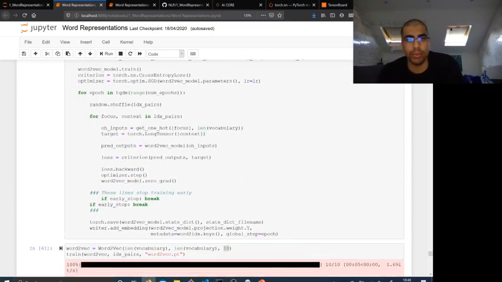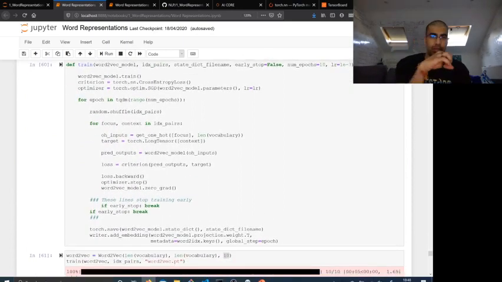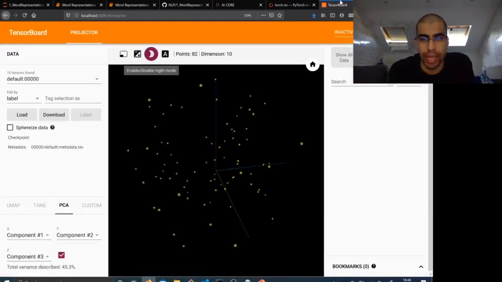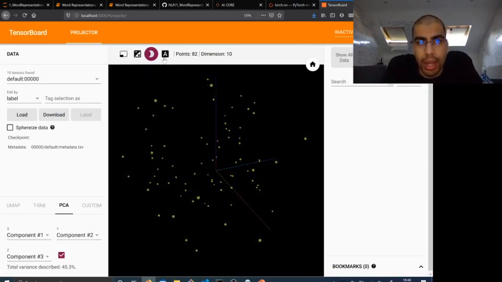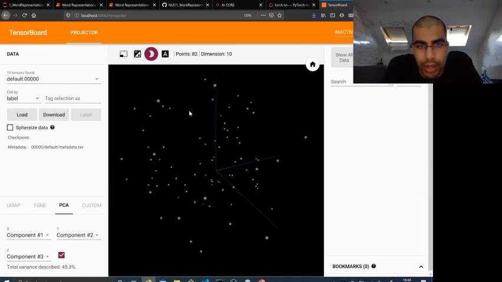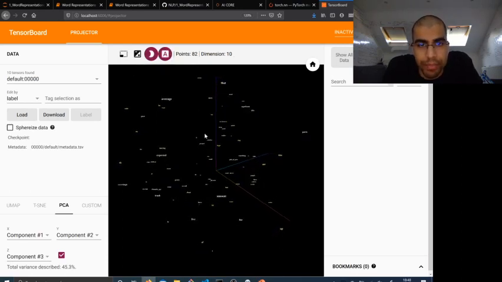Using just linear algebra, we have methods to project vectors in higher dimensional space to lower dimensional space, and this is what TensorBoard is doing here by projecting our 10-dimensional vectors to 3 dimensions and putting them into this 3D graph.